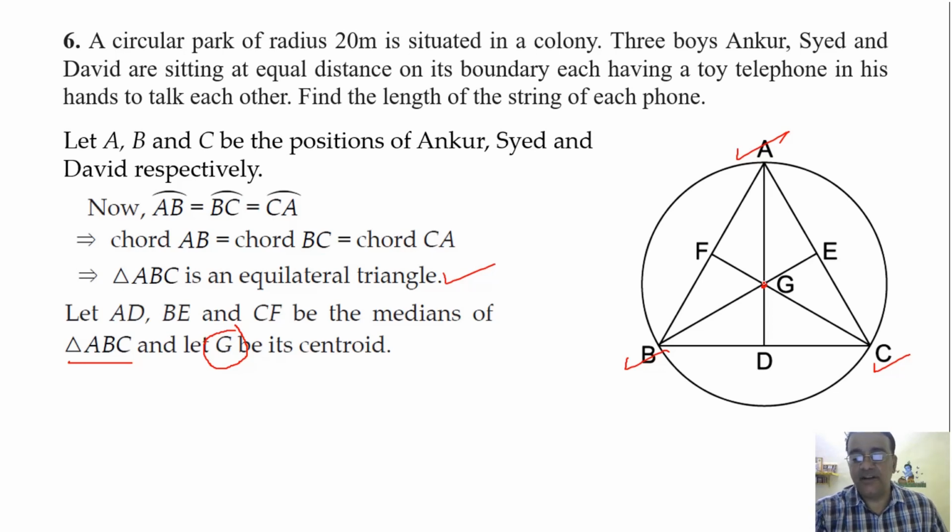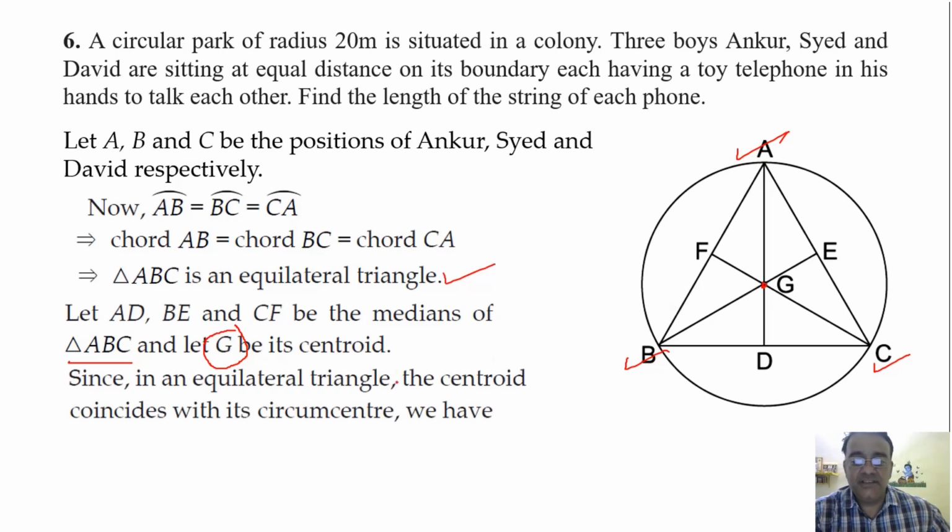This is the property of equilateral triangle. Now since in equilateral triangle the centroid coincides with its circumcenter, so we have GA is equals to GB is equals to GC is equals to 20 meter radius. Already it is given 20 meter.